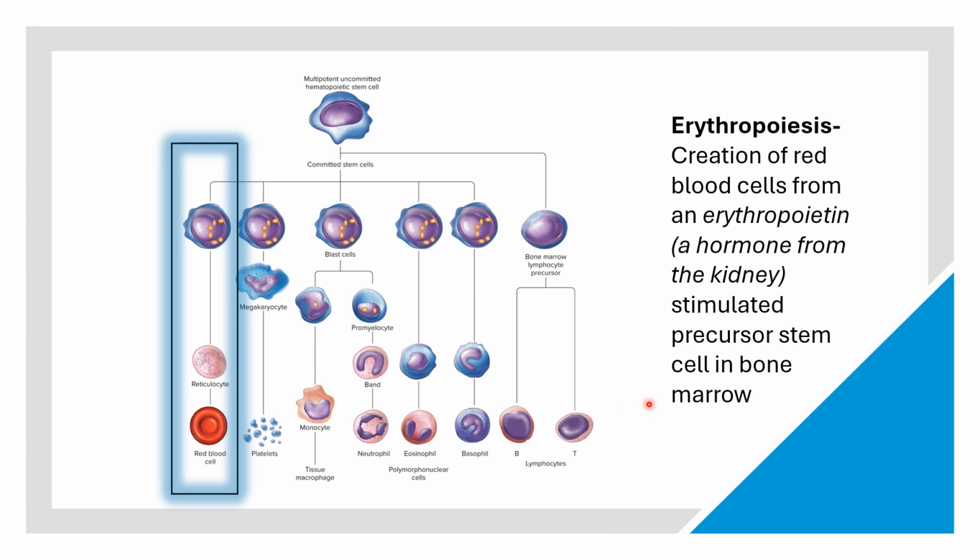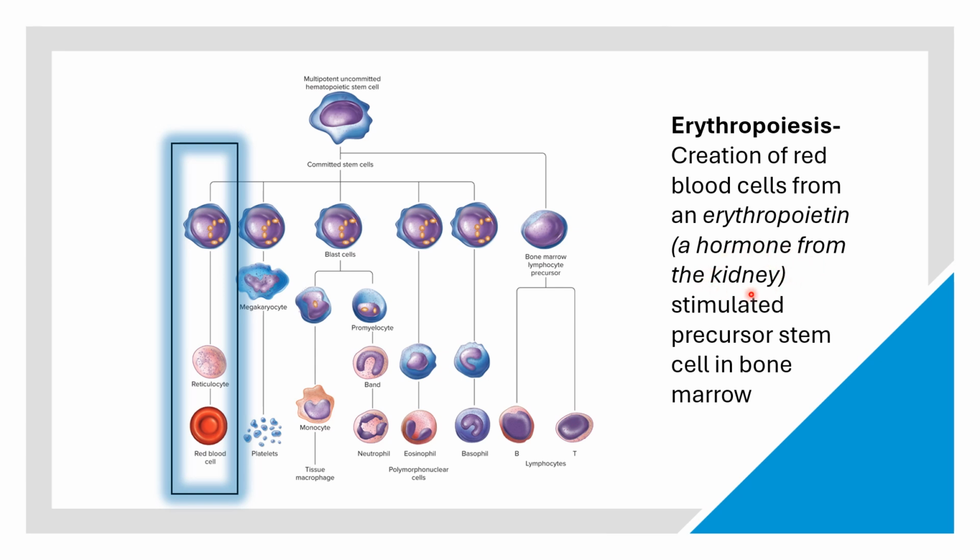So what did I tell you? I told you that we were going to talk about the endocrine system. Here it is. A hormone from the kidney is going to stimulate this process in the bone marrow. So what is the bone marrow? Is the bone marrow the original organ or is it the target? What is the kidney?